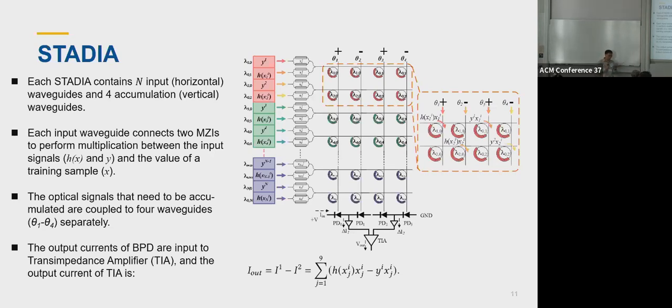And the 4 waveguides are divided into 2 groups to accumulate the signal carrier y and h(x) respectively.